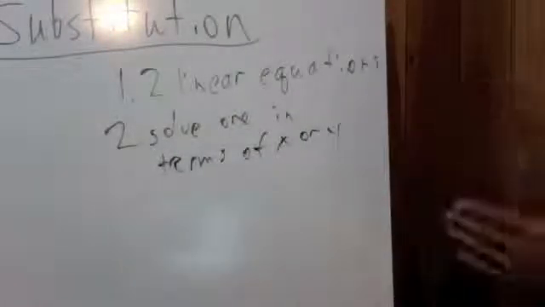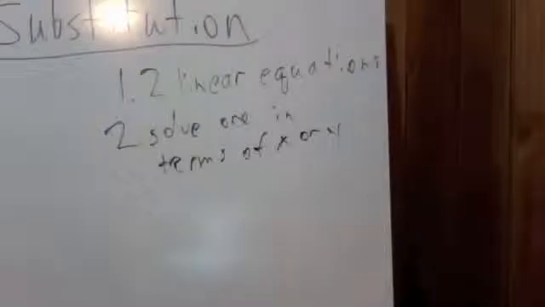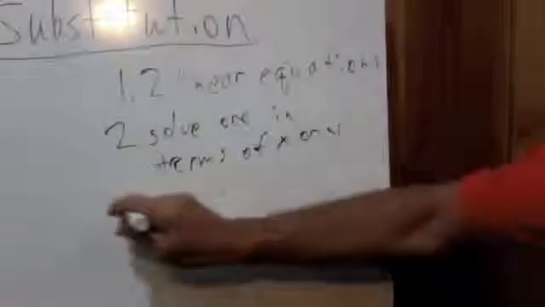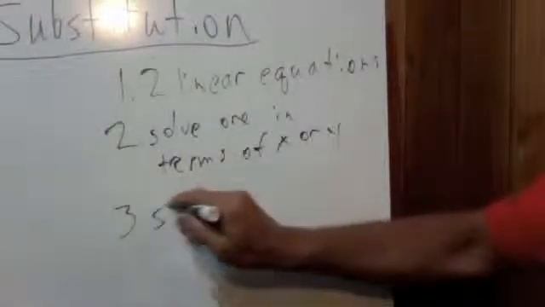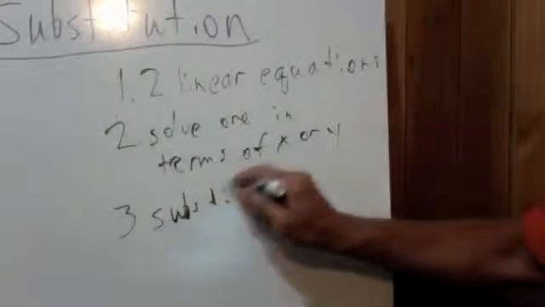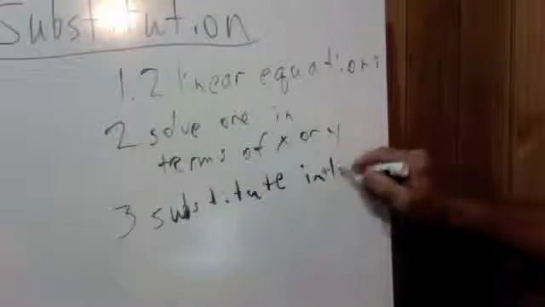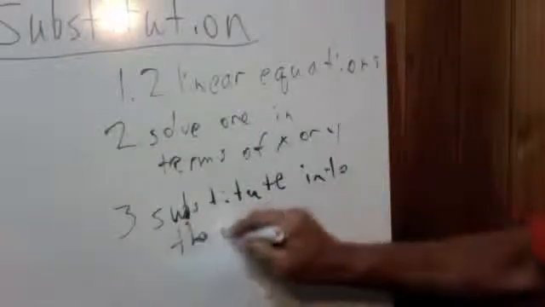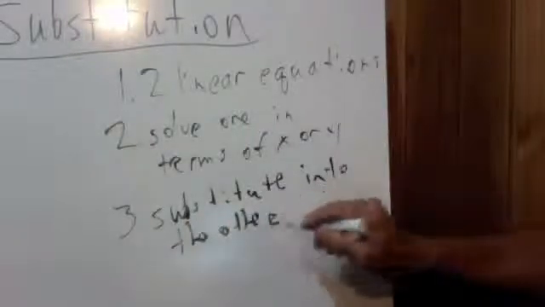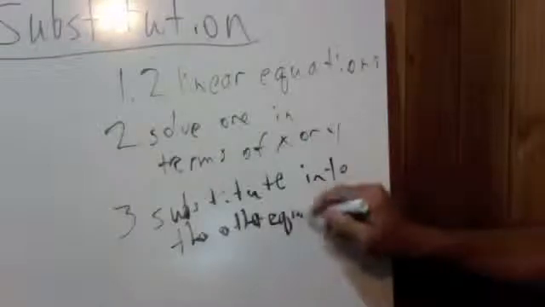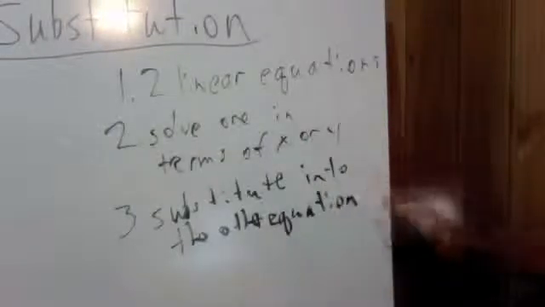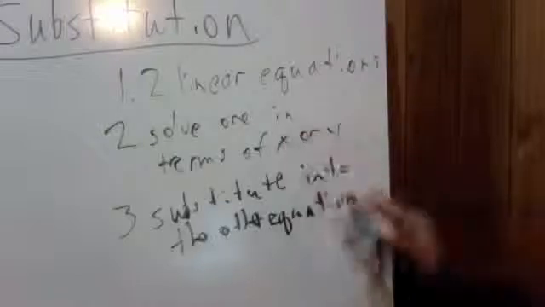In other words, you have x equals something or y equals something. And then you substitute that into the other equation. If you had it in terms of x, you substitute it in for x.